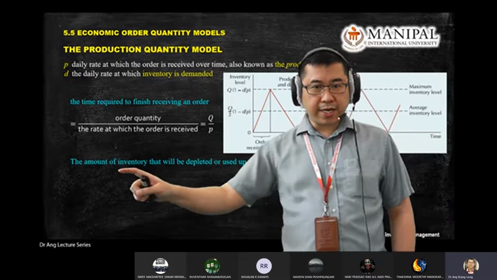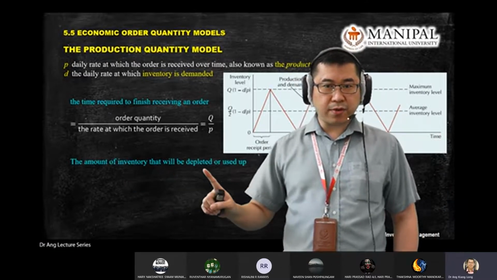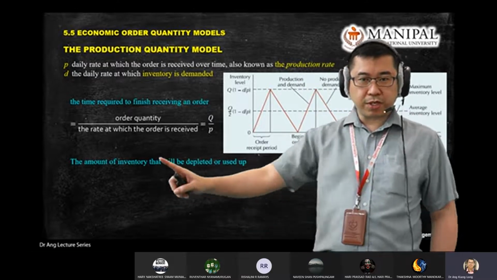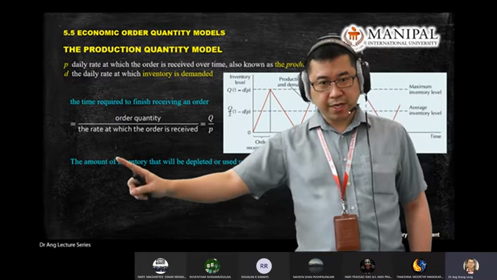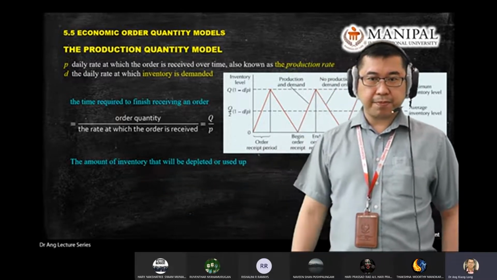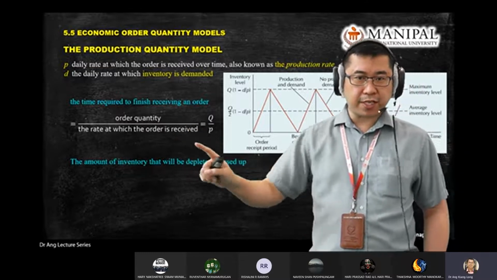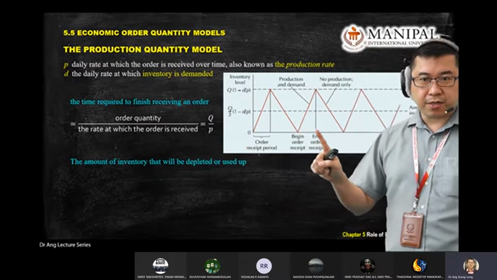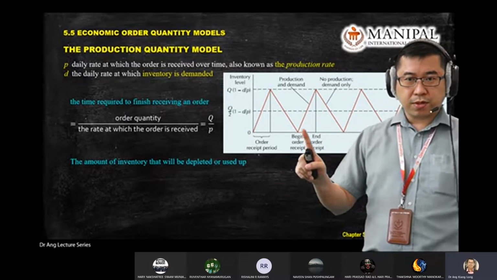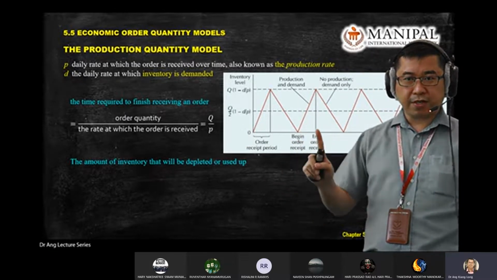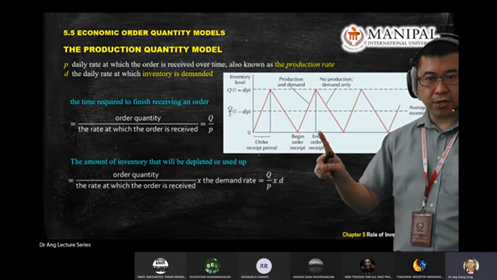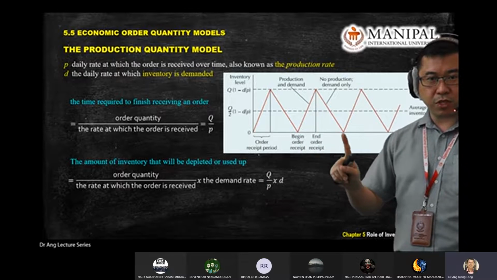Next, you're going to calculate the amount of inventory that will be depleted or used up. Another equation, also a simple calculation, to calculate the amount of inventory that will deplete. Meaning the first equation is from here to here: how long it takes to charge up your inventory. Another one is how long it takes to use from maximum to 0.